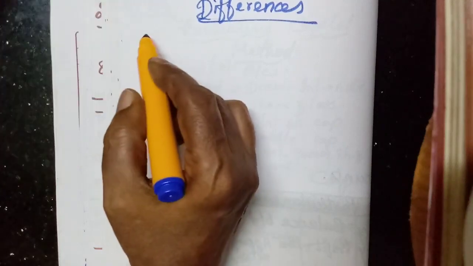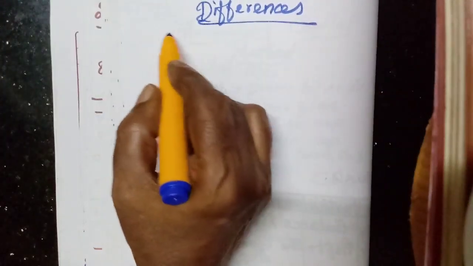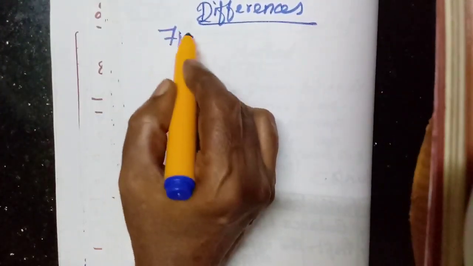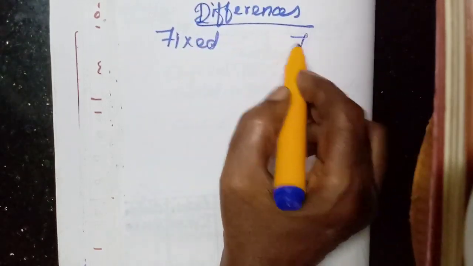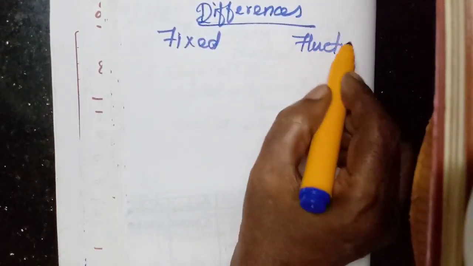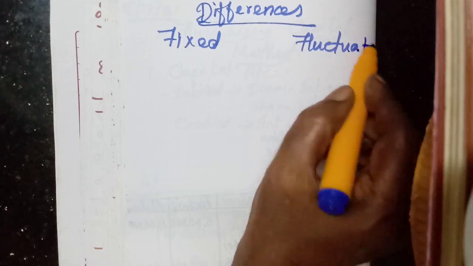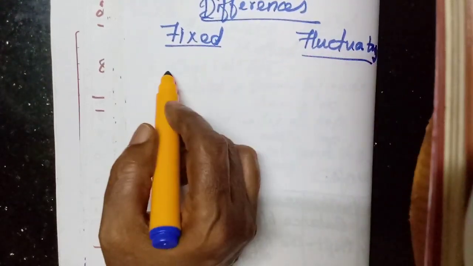Here first one, fixed capital method, here fluctuating. All easy differences only, but it will be very important, you have to learn.